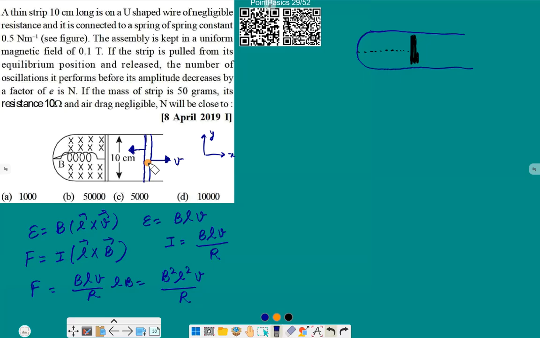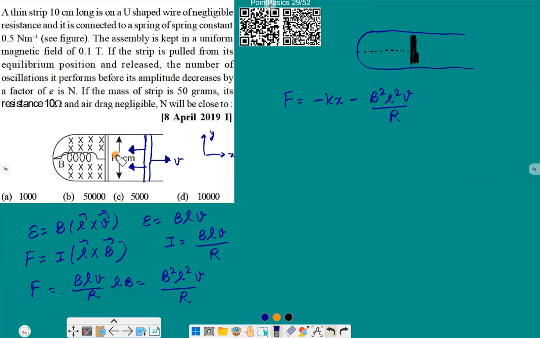Now this force should be such that it opposes its cause, and its cause is this velocity. So this force should be in the opposite direction of the velocity. Here the total force acting on this strip is given by negative kx and negative B squared L squared V by R. Why negative?